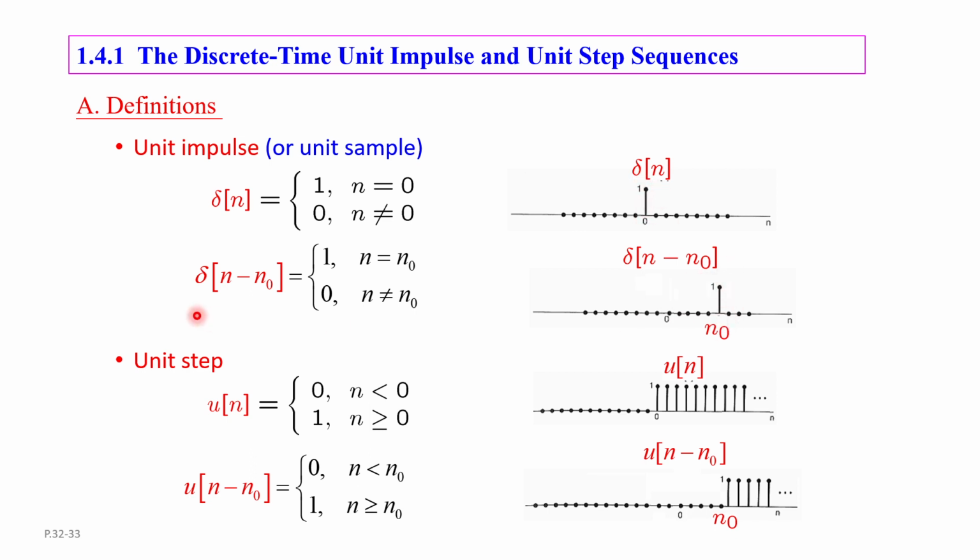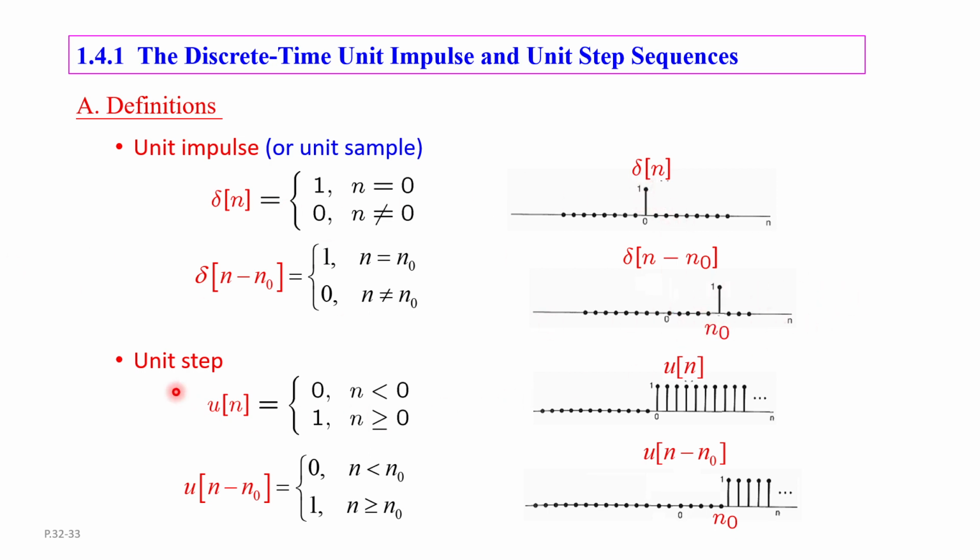Hope you still remember this time shift. So delta of n has your impulse at n equal to 0, and delta of n minus n0 has your impulse at n equal to n0. You can quickly check that when n equals n0, that's delta of 0, which is 1, and everything else is 0.